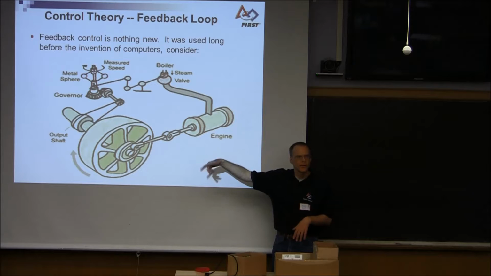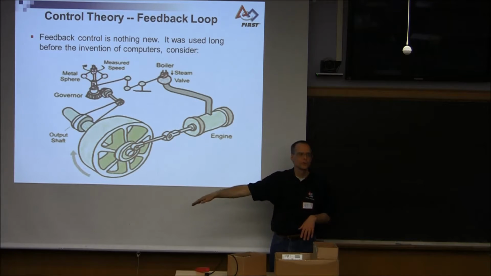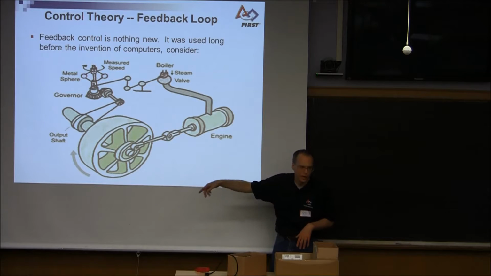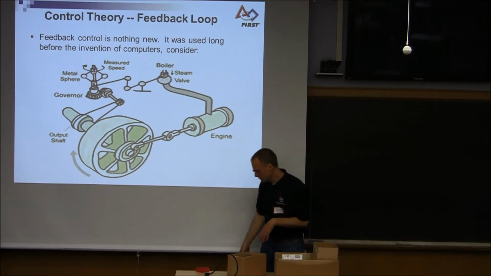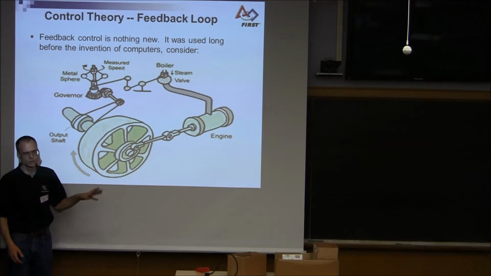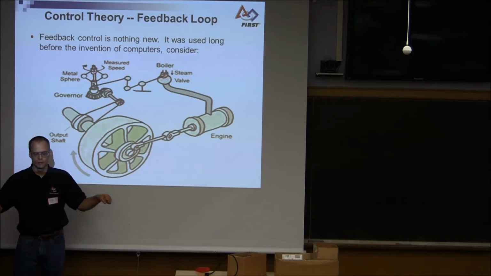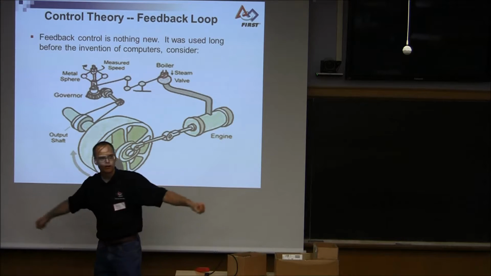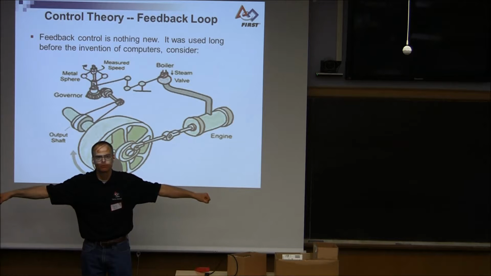Well, it's fast. But as the boiler would cool down, less steam would go through and the shaft would slow down. So somebody invented this ingenious little device called a governor. You can see there are some metal spheres, they just act as weights, and they spin around, and when they spin around, of course they have a tendency to rise up.